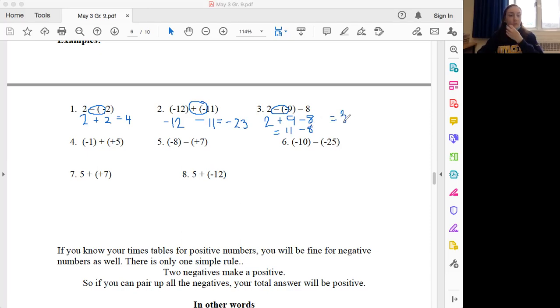So that one's relatively simple. You just have to put the 2 together. We look at number 4, so -1 plus +5, which gives us a positive. If I owed $1 and I have $5, how much am I going to have left over after I pay what I owe? So it'll be positive 4.